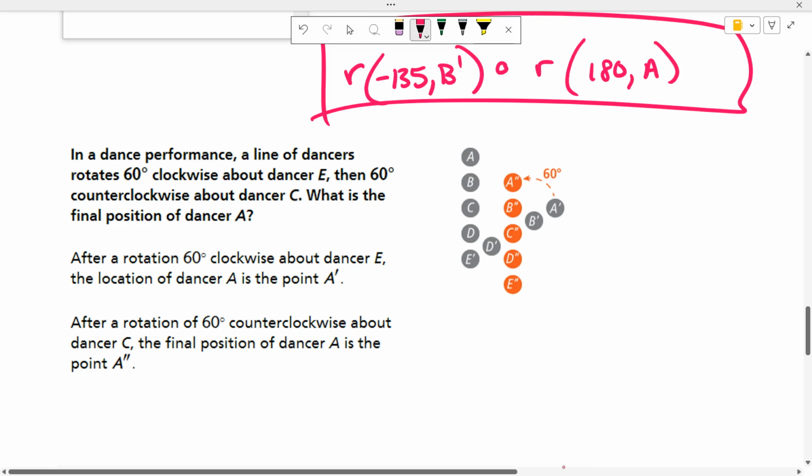Well, the first rotation is clockwise, right? A clockwise rotation is a negative 60. Around what point? E. Around this point. And then they're going to rotate positive 60 degrees because it's counterclockwise around what point? C prime.